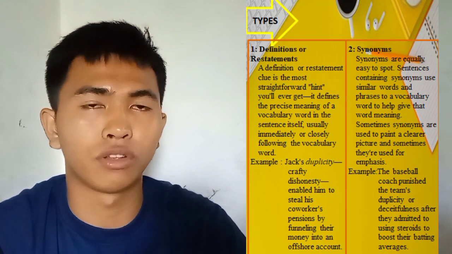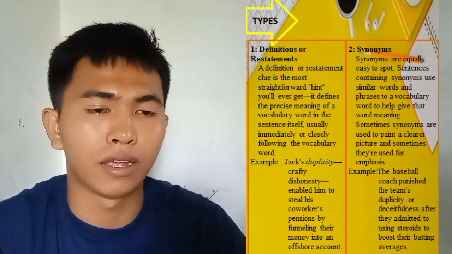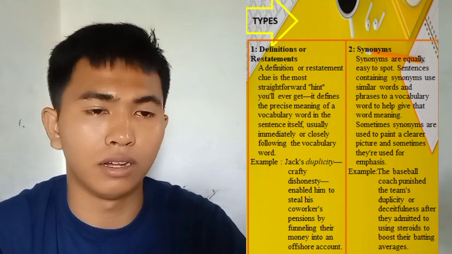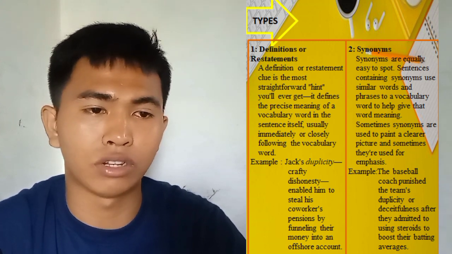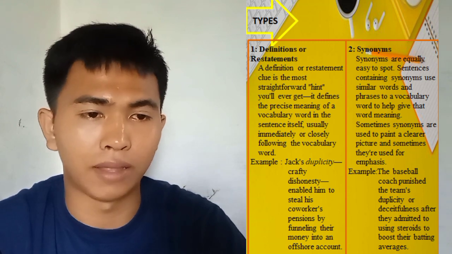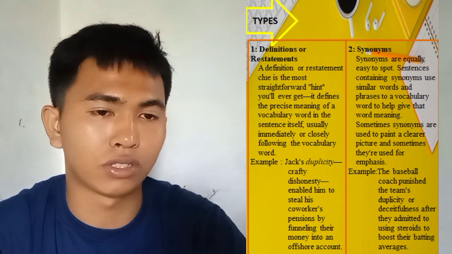And then let's continue with types of context clue. Here we have prepared some types of context clue. The first is definition or restatement. What is definition or restatement in context clue?